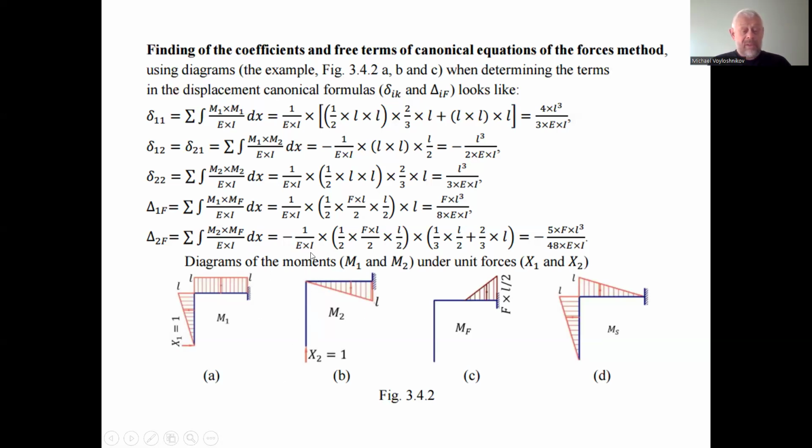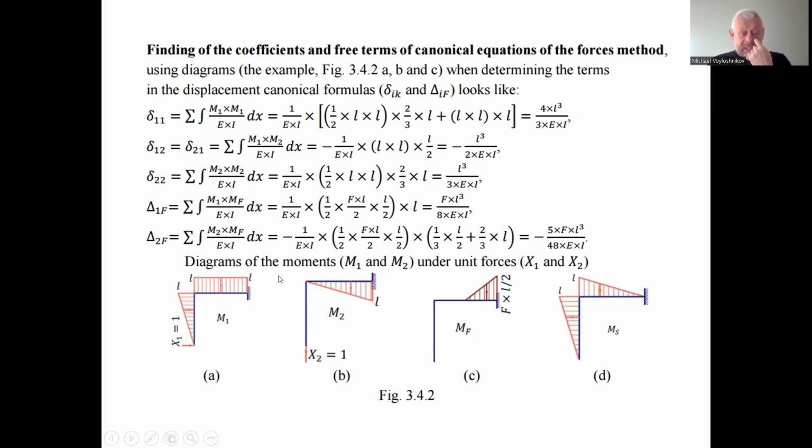For the first summand it has to be equal to 0 because this external force does not load the first leg. Please pay attention: the simplicity of these equations highly depends on how logically we determine the main system of the assigned system. If we determine it logically, the mathematical equations for finding the factors and the free summands of the canonical equations will be the simplest.